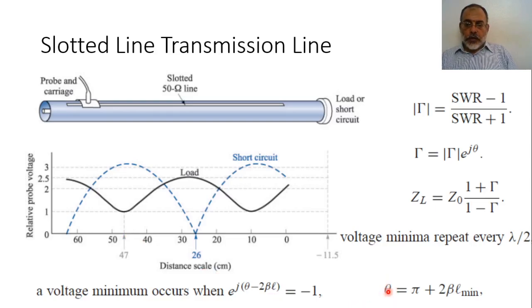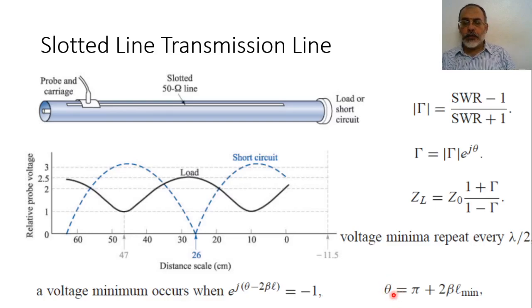So we can obtain theta by calibrating the slotted transmission line using a short circuit to determine the location of the terminal of the slotted line, and then measuring the distance from the terminal to the first minimum. We multiply this length by 2 pi, and we can find the angle theta.